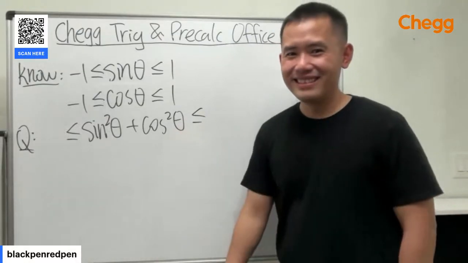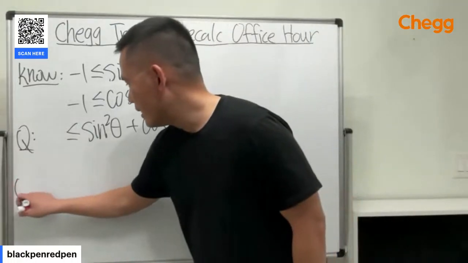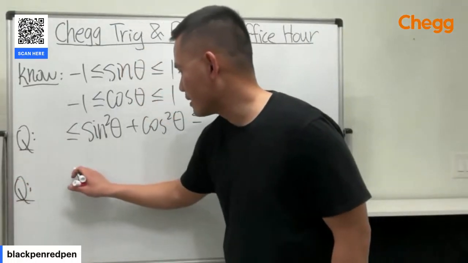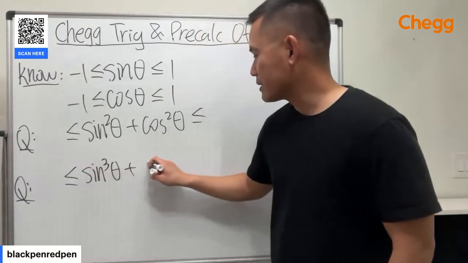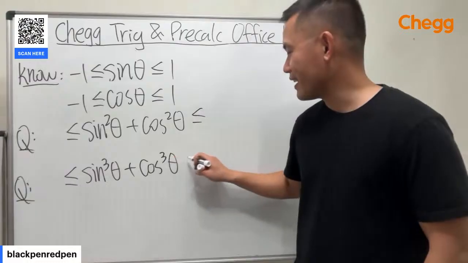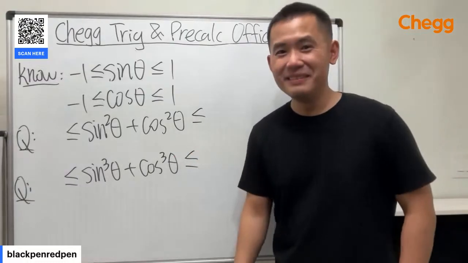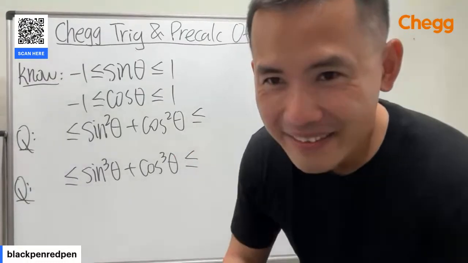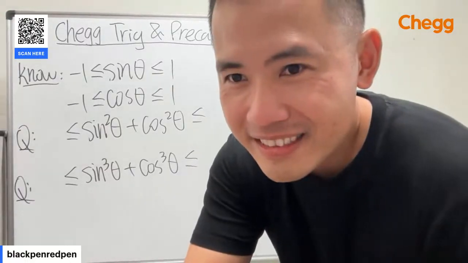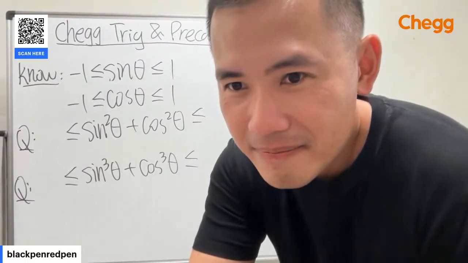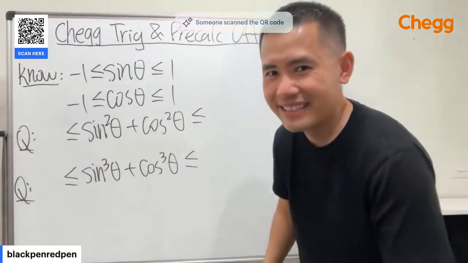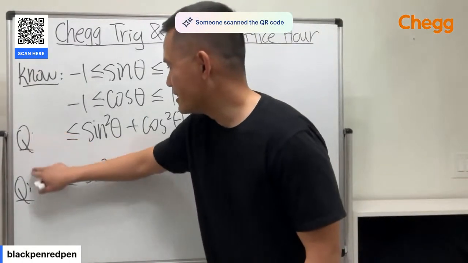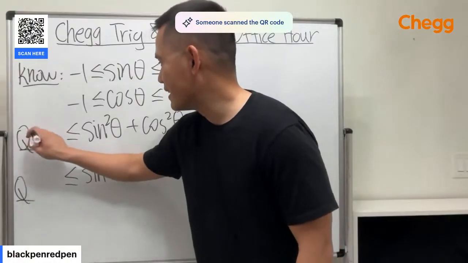How about this one? And then in the meantime, let me also write this down. How about if we have sine to the third power theta plus cosine to the third power theta? All right. So this is number 1. This is number 2. 2 questions for you guys.